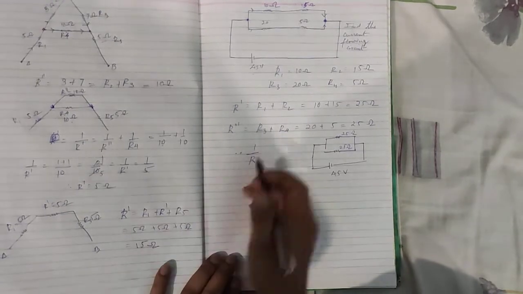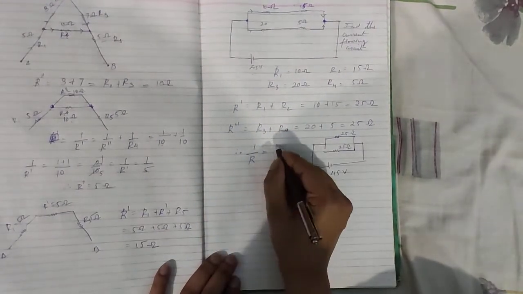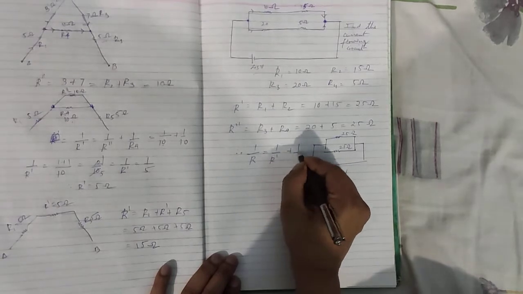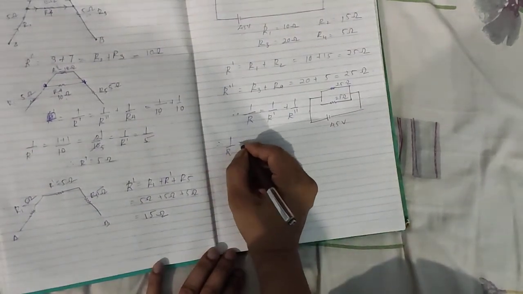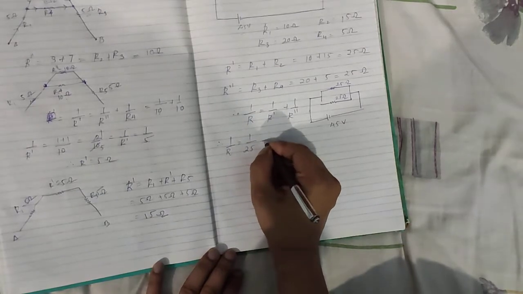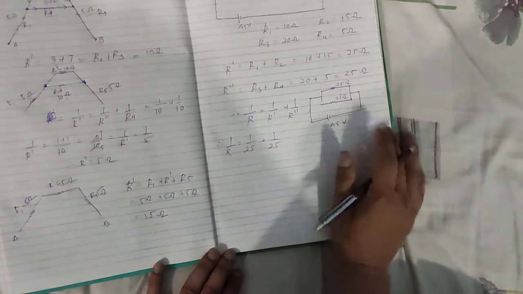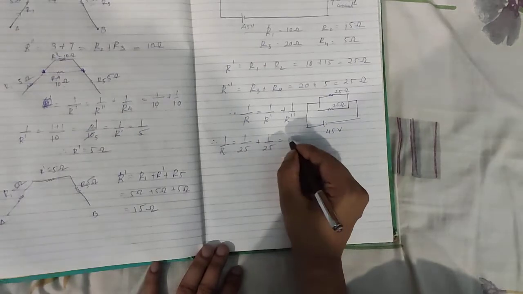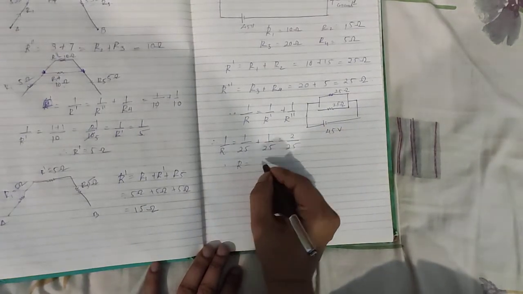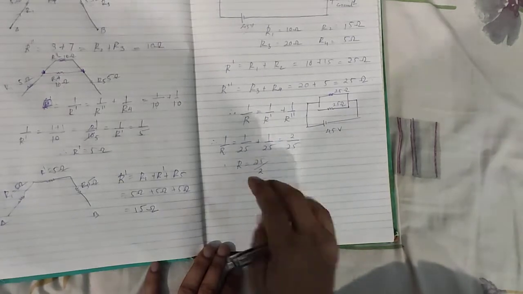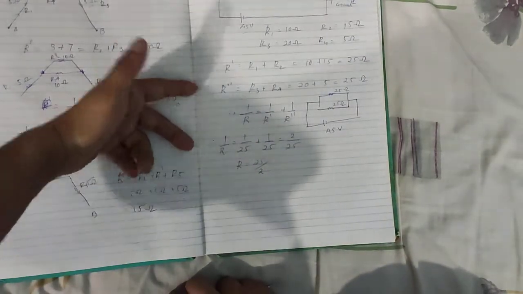Okay, moving forward, we get 1 upon R is equal to 1 upon R dash plus 1 upon R double dash. Therefore 1 upon R is equal to 1 upon 25 plus 1 upon 25, which becomes 2 upon 25. Therefore total resistance R is equal to 25 by 2, because 1 upon R we are doing reciprocal of it.